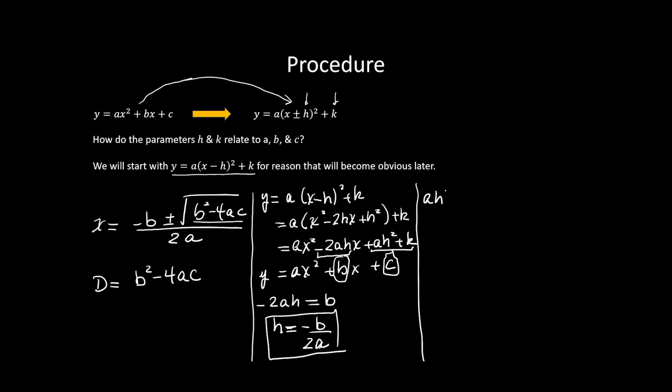So ah squared plus k equals c. So bring the ah squared over and change its sign. K equals c minus ah squared. I'll plug in what h is. H is negative b over 2a.